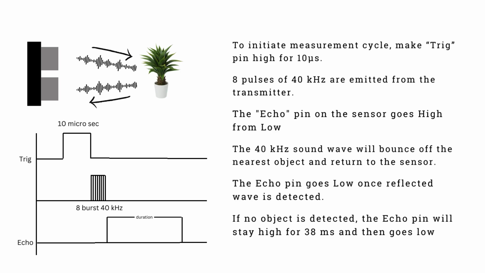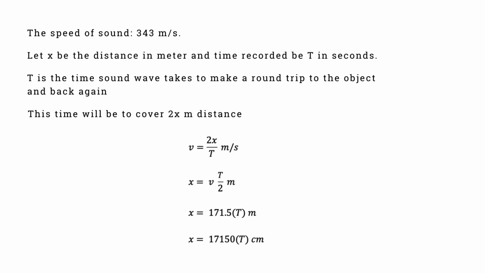Now coming to the calculation part, we know the speed of sound is 343 meters per second at 20 degrees Celsius. Let x be the distance in meters of the object and the time recorded be t seconds. Then t is the time the sound wave takes to make a round trip to the object and back again.